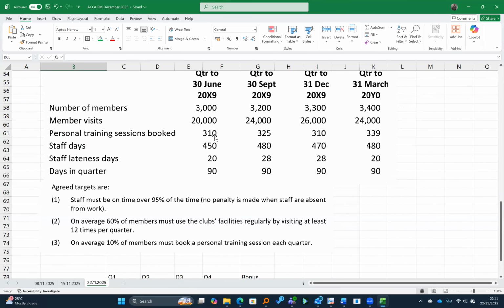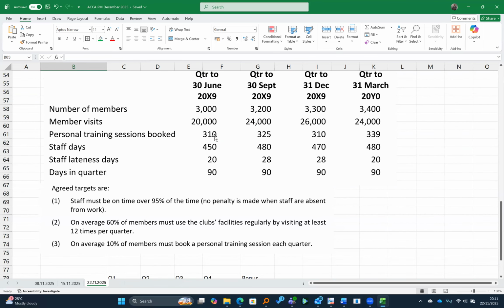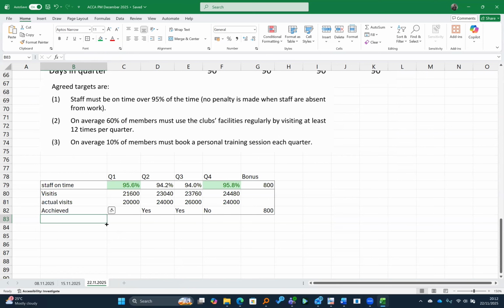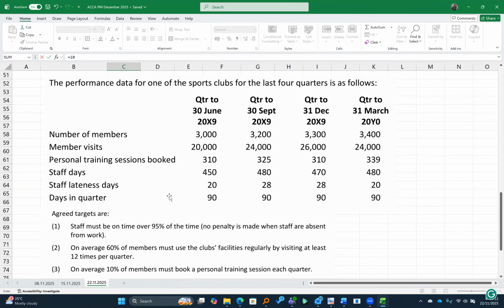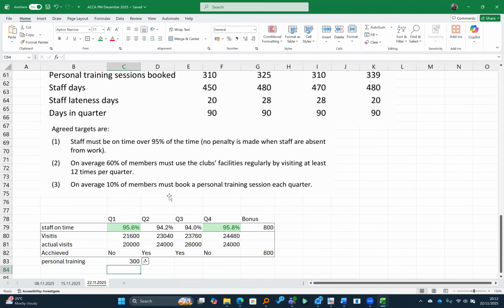So if each one booked one session, 10%. So if we say personal training sessions, if 10% of these 3,000 people booked a session, that would put it at 300.